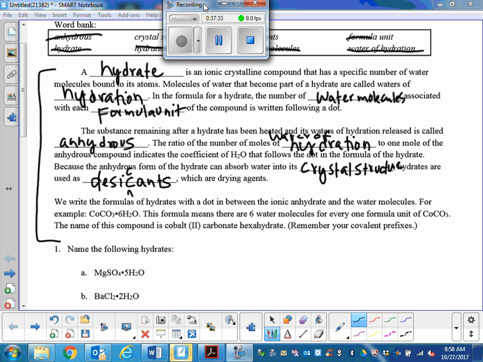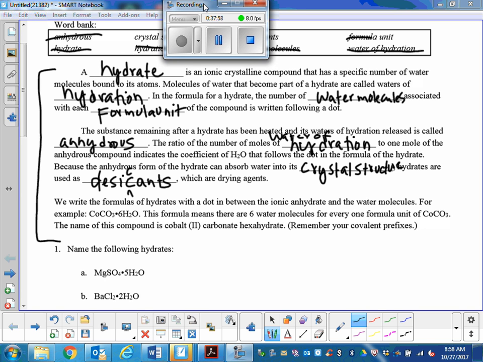Little packets that will say do not eat, and then there are tiny bead-like things in them. Have you seen it? Those are desiccants. Now, many of the instruments that you buy will have it. Many ionic compounds can be used as desiccants because they can absorb the water.